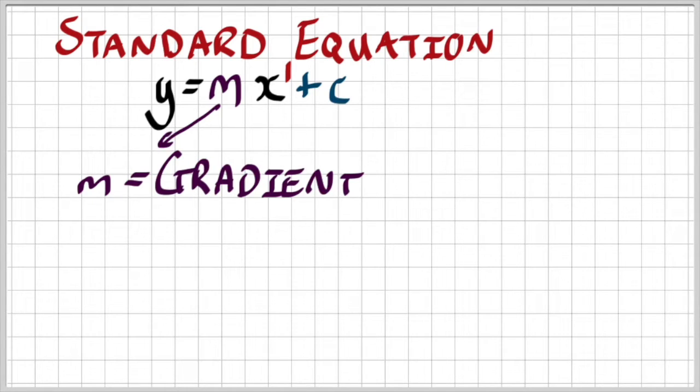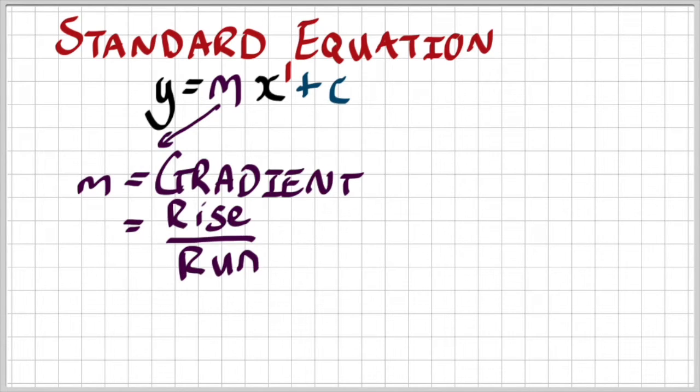But the gradient is basically the ratio between the rise and the run, or the change in the y values, that's the rise from one point in your graph to the next, divided by the run, your change in the x values. So we need to make a note of that.